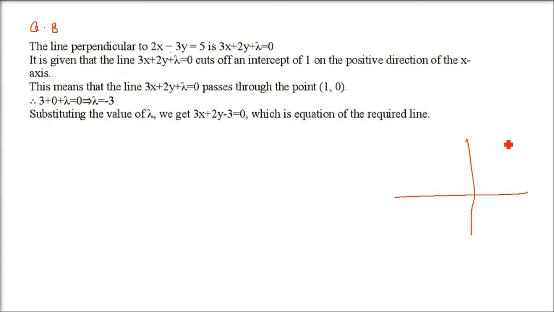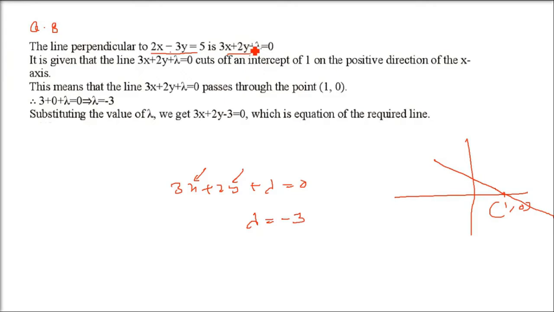In the positive direction, so this is 1 and this is 0. So there is a line, I don't know where it is going, but I know that it is passing through 1, 0. And it is perpendicular to this one. So you can write 3x plus 2y plus lambda. In place of x, you put 1. In place of y, you put 0. So lambda equals minus 3. And put it here.